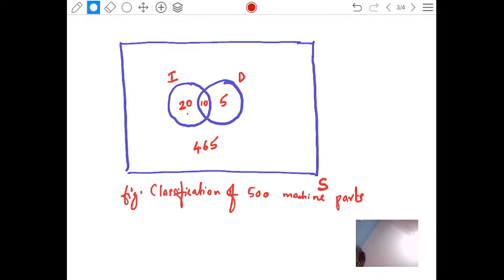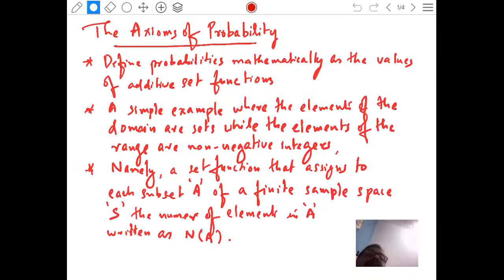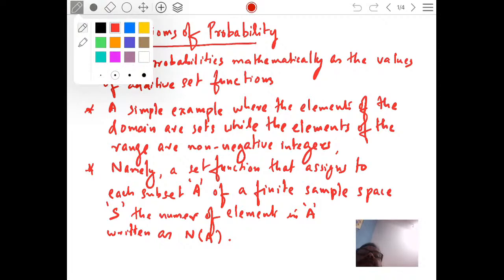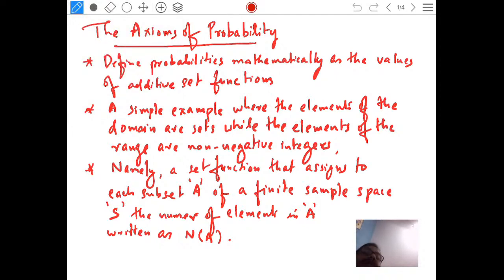Using these values and the fact that the set function is additive, meaning that the number which it assigns to the union of two subsets which have no elements in common is the sum of the numbers assigned to the individual subsets, we can determine the value of n of A for any other subset A of S. The important point to note in the axiom is that the set function is additive, which means that the number which it assigns to the union of two subsets which have no elements in common is the sum of the numbers assigned to the individual subsets.